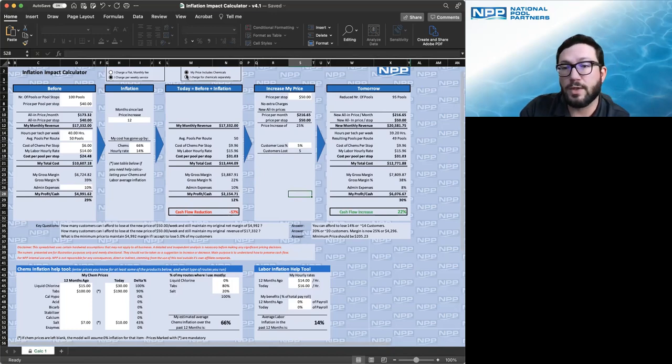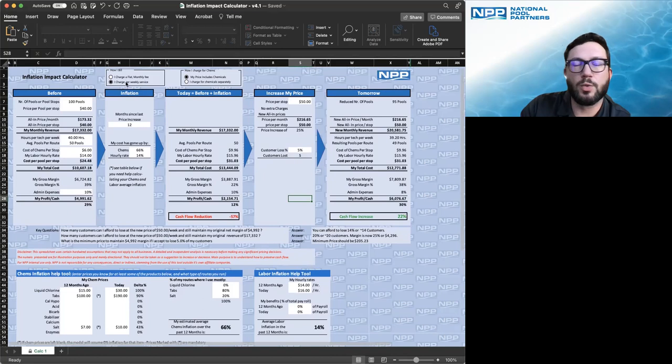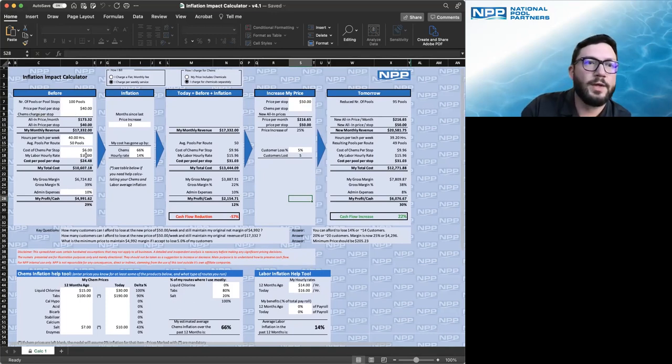So let's run through a different example now with a slight change. We have a company that charges per weekly service, but they charge for chemicals on top of the service. In this case, I click on this button. You can see everything stays the same. It just adds in two fields for how much you are charging the customer for chemicals. In this case, we've got a chemical cost of $6 per cleaning visit.